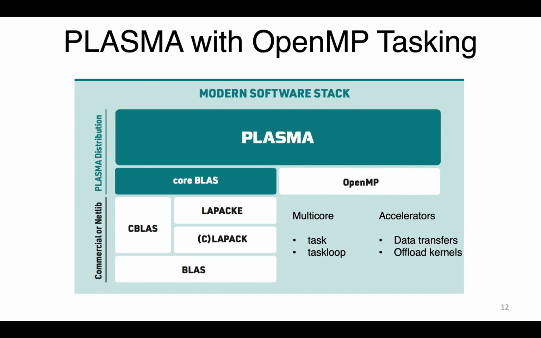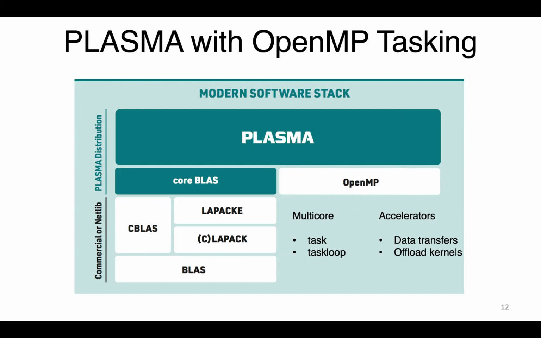So you can see that on multicore hardware, it uses either the task pragma or the taskloop pragma to create a lot of tasks for the platform, and also uses data clauses to track the dependencies between these tasks.